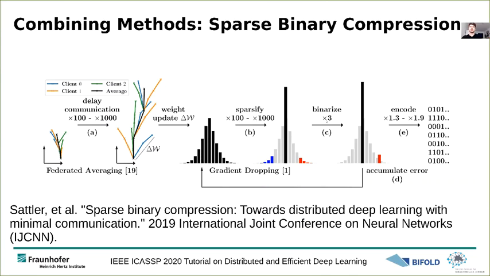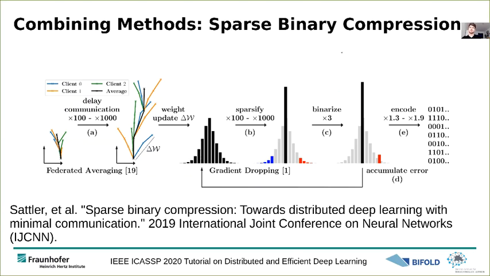And we additionally applied a binarization to get not only sparsification but also quantization of the gradients to reduce the communication load further. And then on top of everything, we use the mathematically proven most efficient encoder for these integer sequences, which is the Golomb encoder.